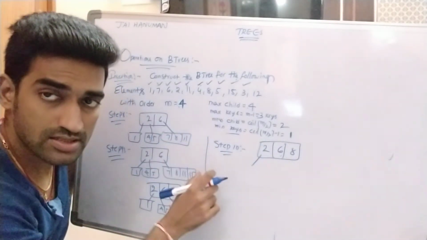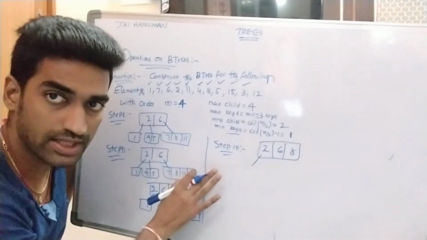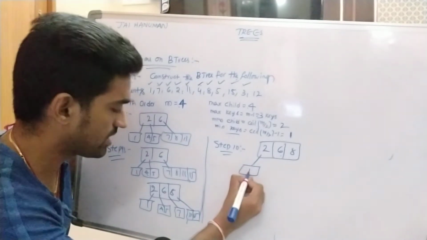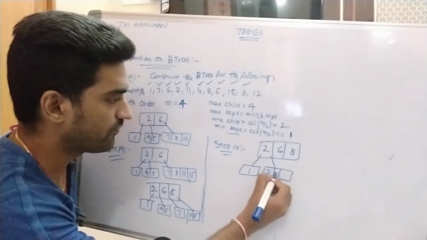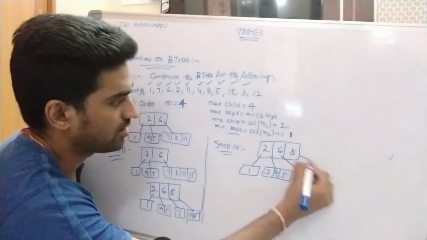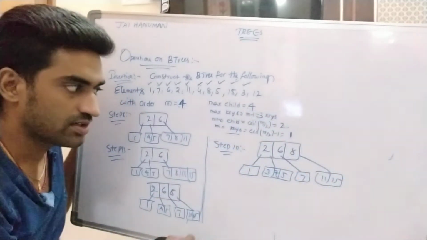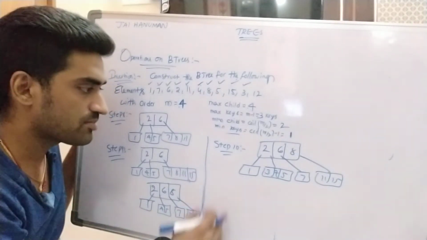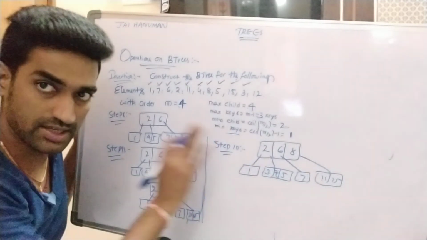So insertions are always made at leaf nodes only, not root node. 1, 3, 4, 5, 7, 11, 15. Now tree becomes like this. So this is also fourth order B tree. Some nodes maintains maximum keys, 3 keys.